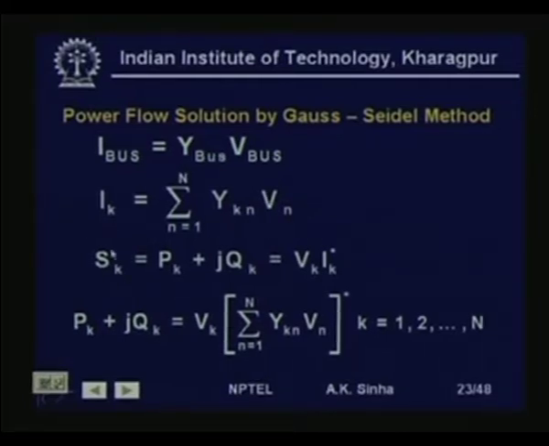Now, if we write the complex power injection S k at that bus, this is equal to P k plus j Q k, which is equal to V k into I k conjugate. This is what we need to write for all the bus bars, k is equal to 1 to capital N.